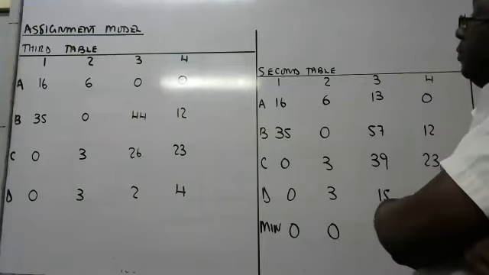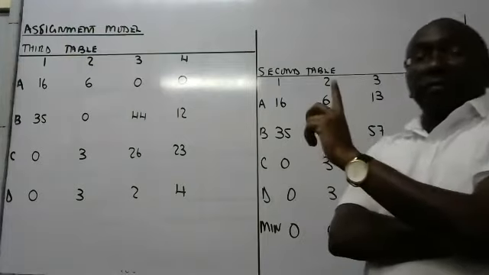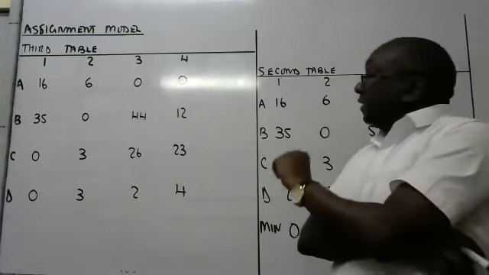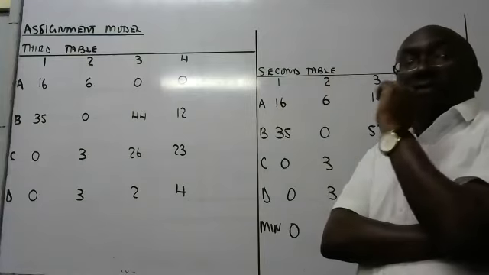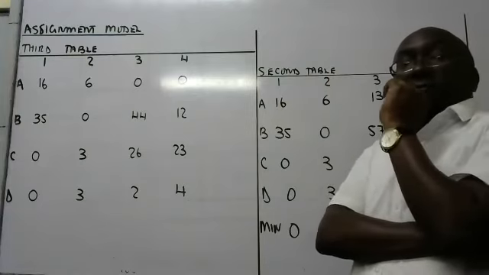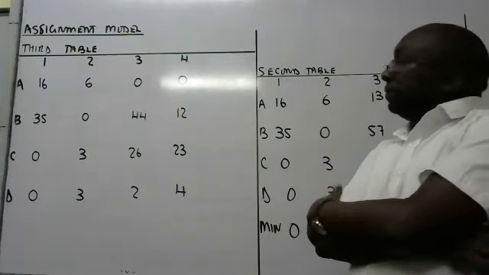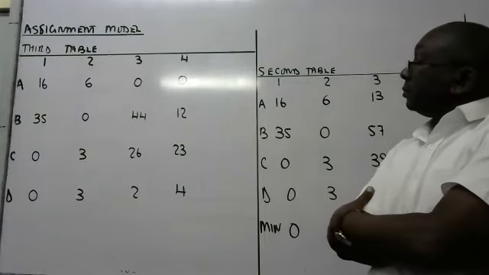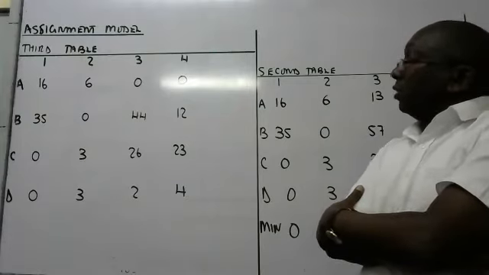Now, the next thing you do on the data table is to identify which row or which column has the highest number of zeros. Row A and column 1 both have 2.